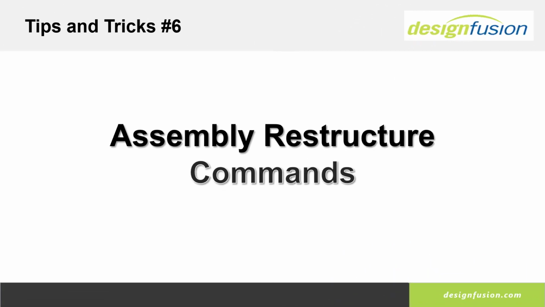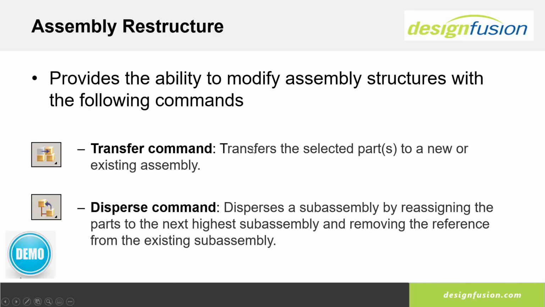Our next tip is to introduce you to assembly restructure commands. Now, for those that don't know what assembly restructure commands are, we provide two commands, and this provides the ability to modify assembly structures with the following commands. We have the transfer command, and this transfers the selected part or parts to a new or existing assembly.